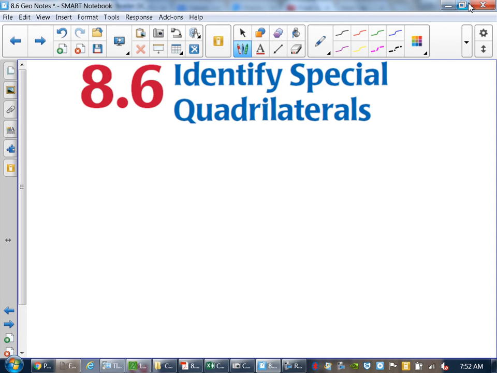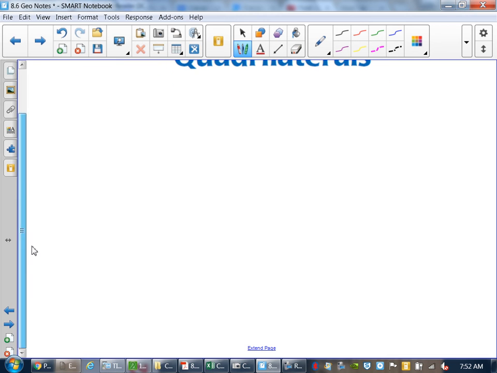If I start with the parallelogram, what do I know about the properties of a parallelogram? Two sets of parallel sides, right.